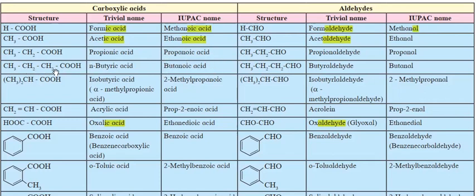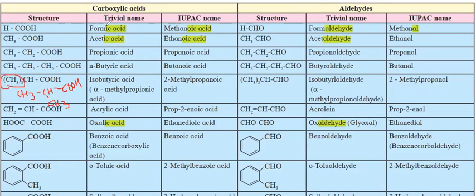See the number of carbon atoms, then the substituent: 2-methyl propanoic acid. I will draw the structure of this compound for IUPAC purposes. CH3, CHCOOH, and this CH3 contains another CH3 group, and both these CH3 groups are written like this.